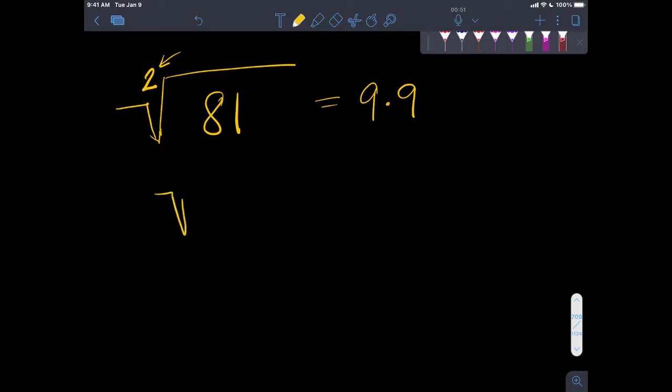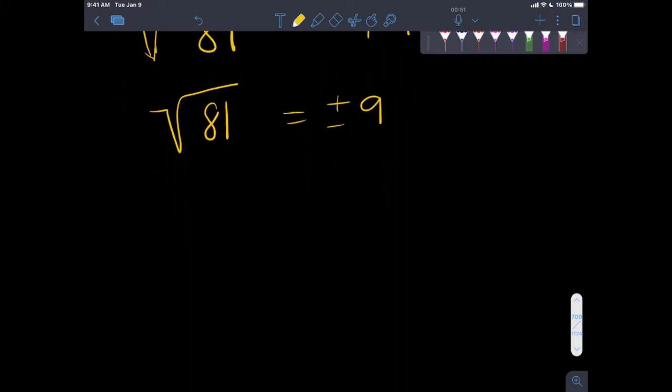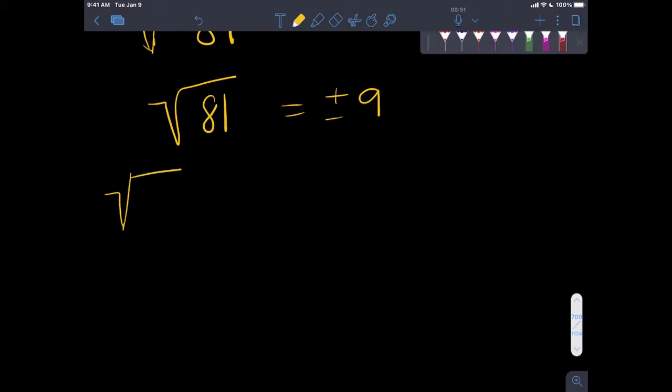However, isn't negative 9 times negative 9 also positive 81? It is. So that means that there's actually two solutions to every one. Now, as kind of a preview of later math, you can also have cube roots, fourth roots, fifth roots.